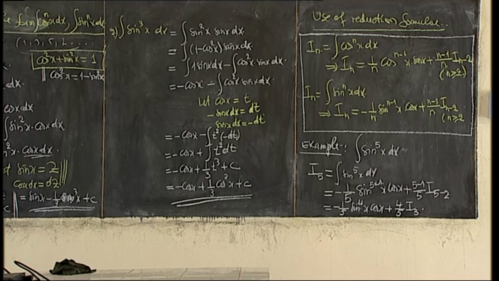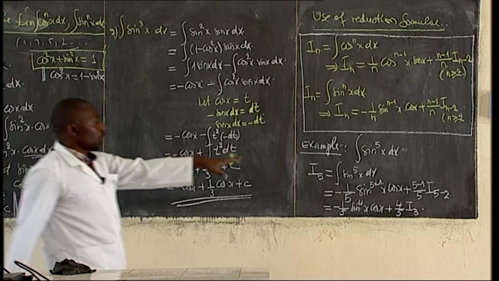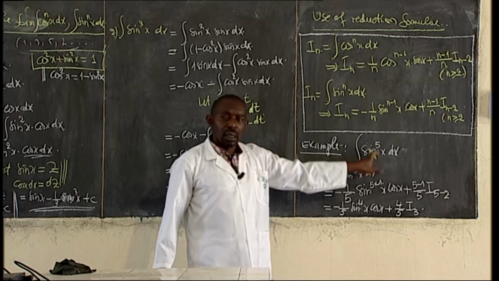You have to be careful when you use that formula, because with one mistake, you can't get the answer. So we have to be careful on that. So I_3 is equal to the integral of sine cubed x dx, as we deal with a function with sine, right?